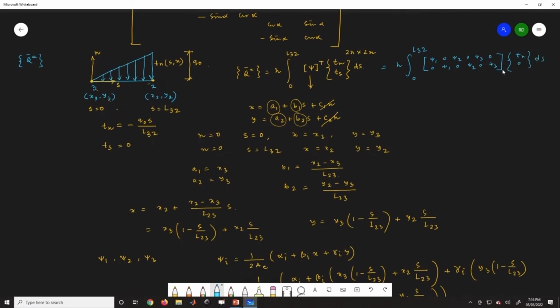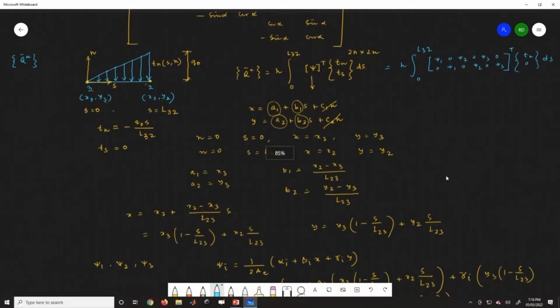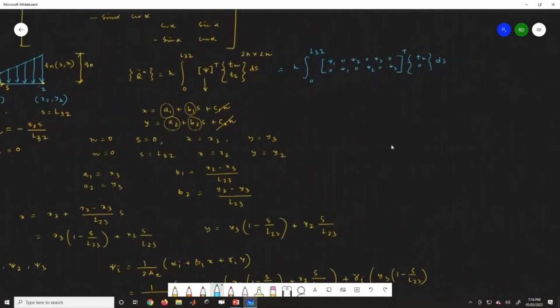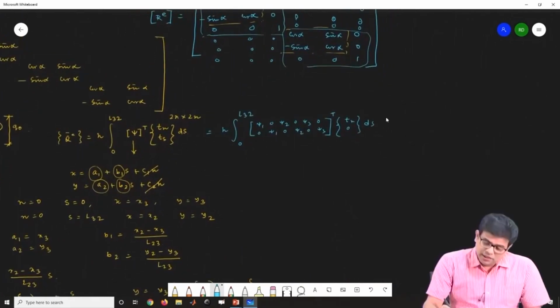So if I multiply, this is transpose, so this will be my 6 cross 2 matrix. So only this part will be nonzero. If I multiply this, then what will happen?